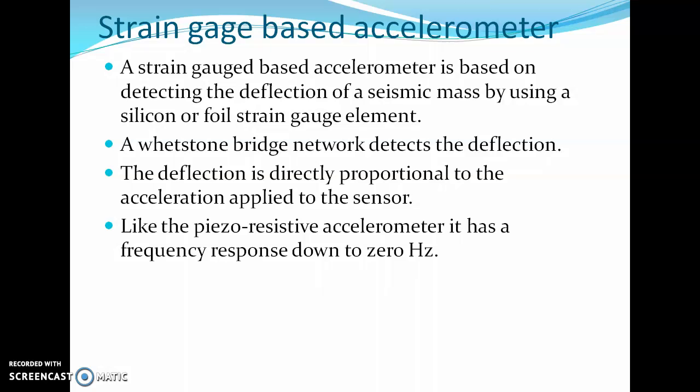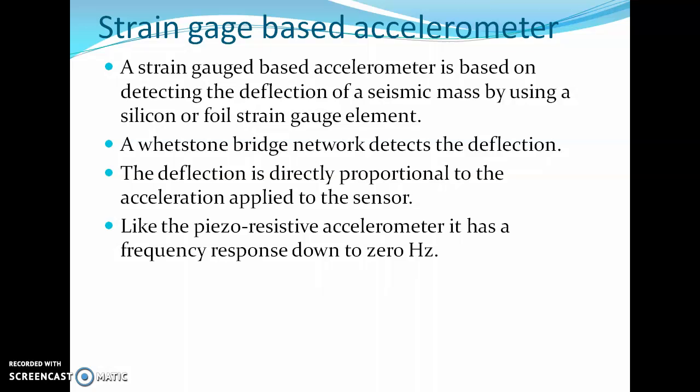And the third type is the strain gauge based accelerometer. A strain gauge based accelerometer is based on detecting the deflection of a seismic mass by using a silicon or foil strain gauge element.